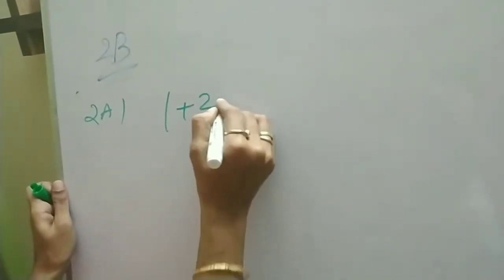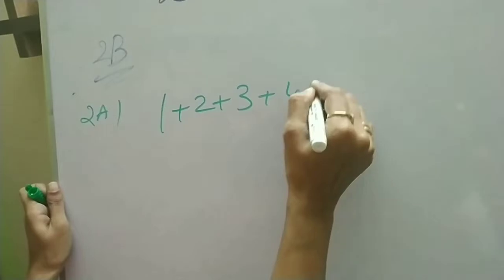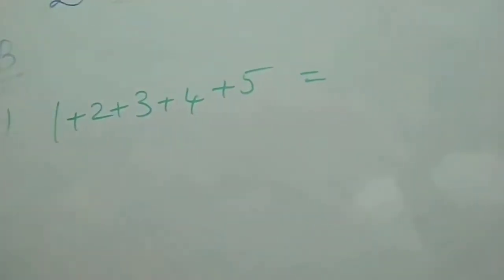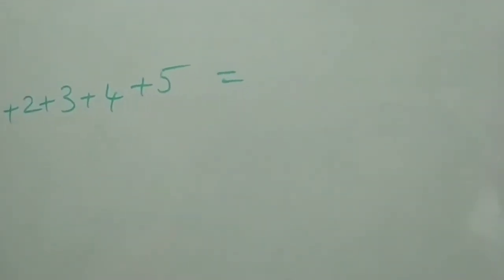Next problem is, observe the following pattern and answer the following questions. Here they have given one pattern. 1 plus 2 plus 3 plus 4 plus 5 is equal to 15.